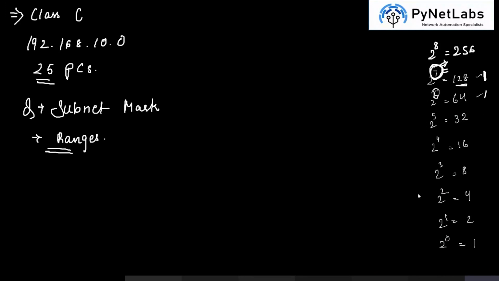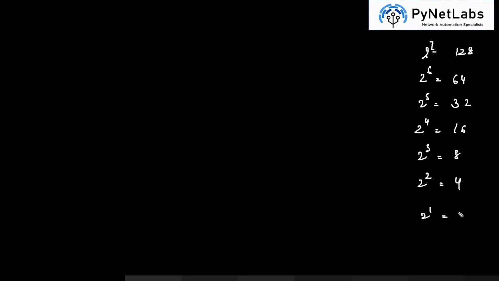So let's now solve this and understand how this works. After that, you can verify your answers from this. So the question we had was, we had a range of 192.168.10.0.